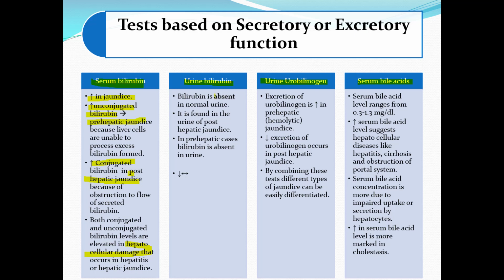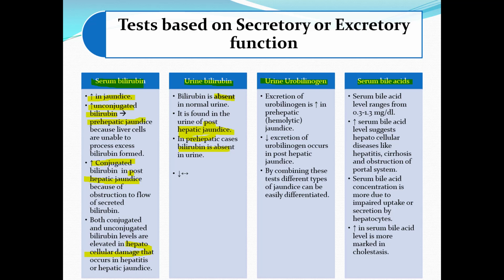Urine bilirubin is absent in normal urine. It is found in the urine in posthepatic jaundice. In prehepatic jaundice, urine bilirubin is absent. So urine bilirubin will be absent in prehepatic and present in posthepatic jaundice.